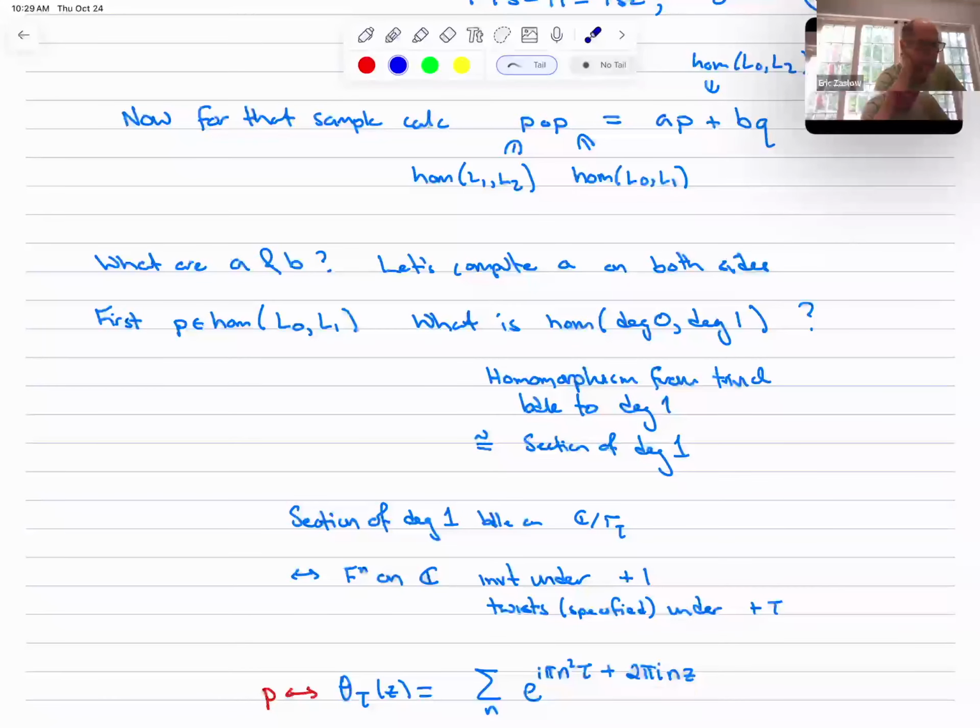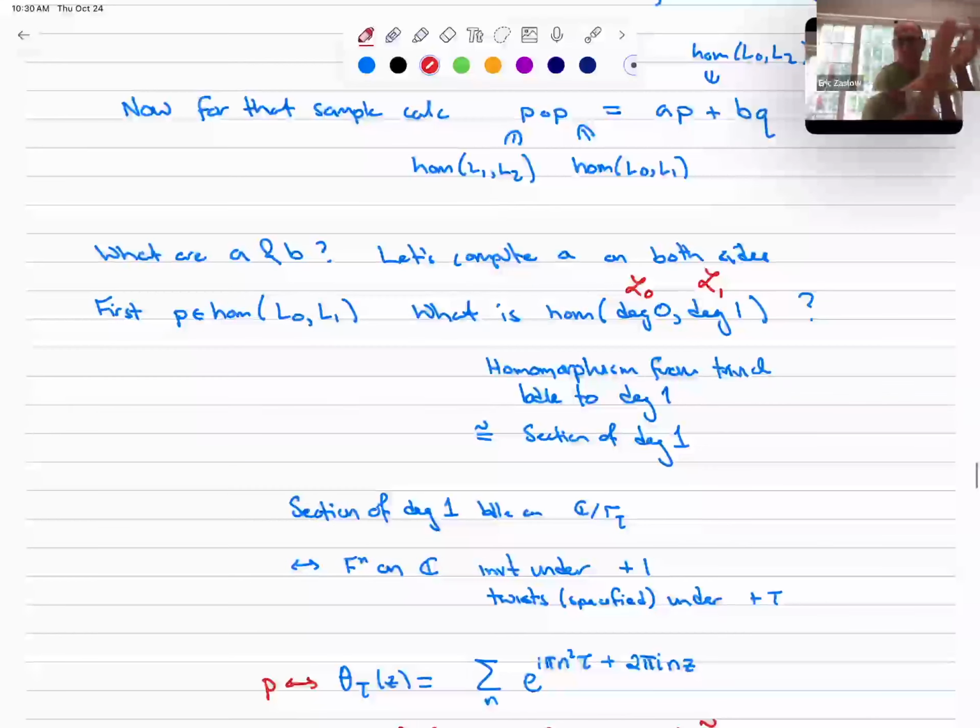And so P, which was our unique intersection point of the line of slope 0 and the line of slope 1, is going to correspond to our unique up to scaling section from Hom, let's call it L0, L0 of degree 0 to L1 of degree 1.